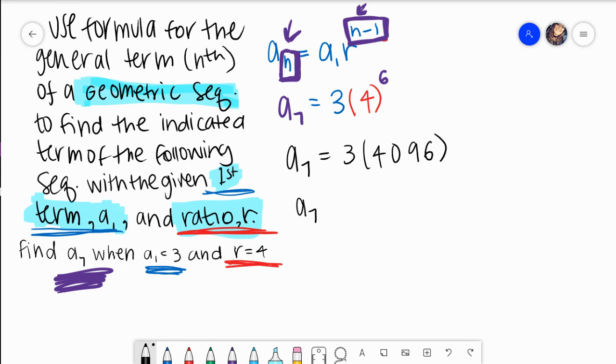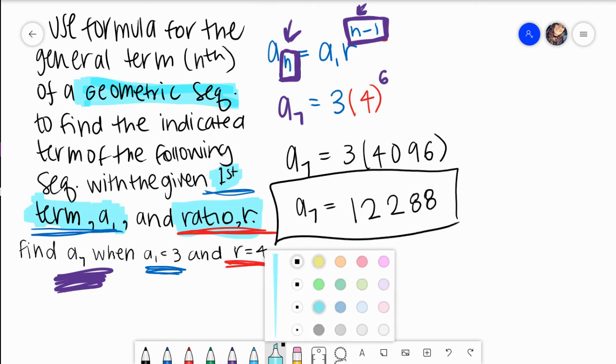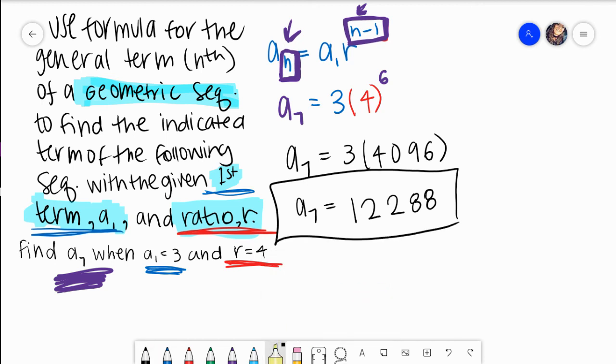Now I have a sub 7 equals 3 times 4,096, which is 12,288.